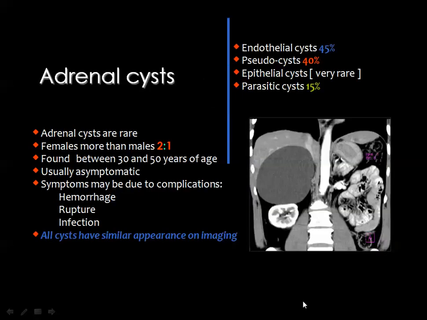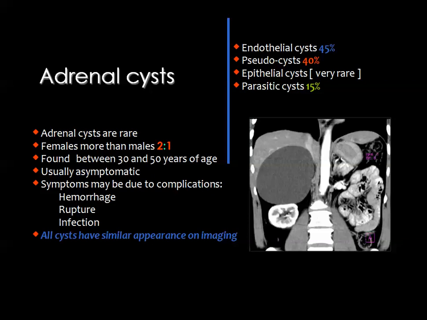Then we come to the adrenal cysts, and the cysts in the adrenal gland may be of endothelial nature or epithelial nature, or pseudocysts or parasitic cysts. And we want to say that the cysts are rare, but all the cysts, of whatever etiology, have a similar imaging appearance, meaning that you get a lesion which contains water.